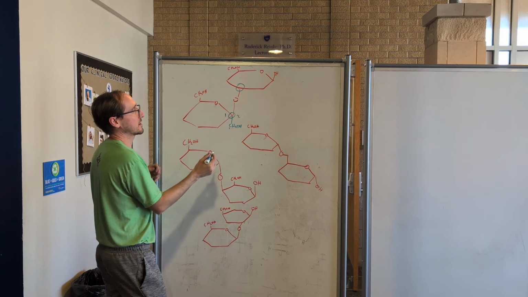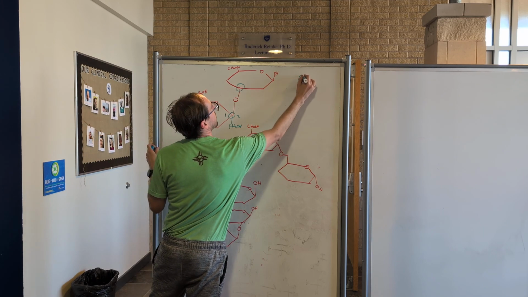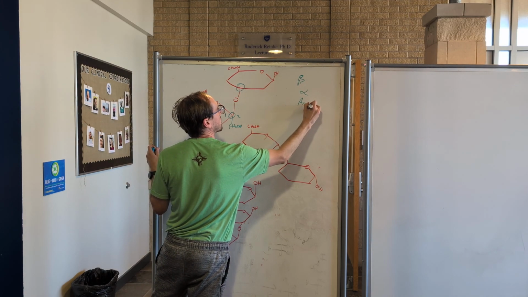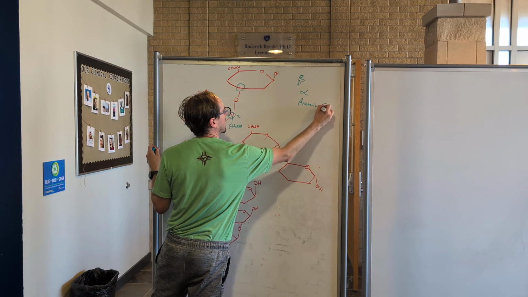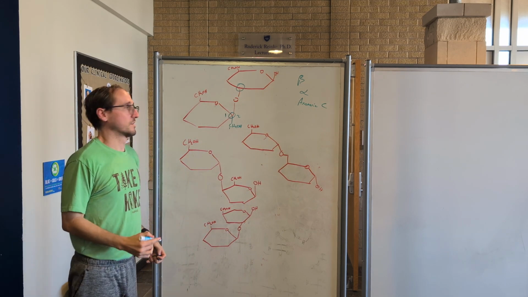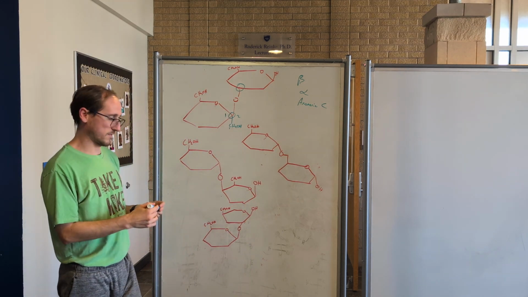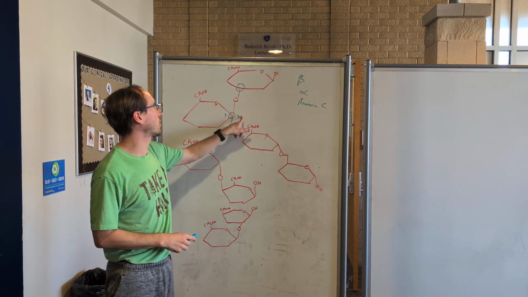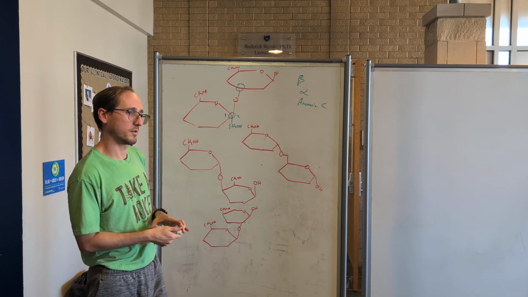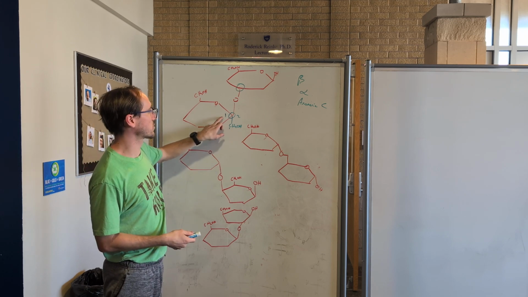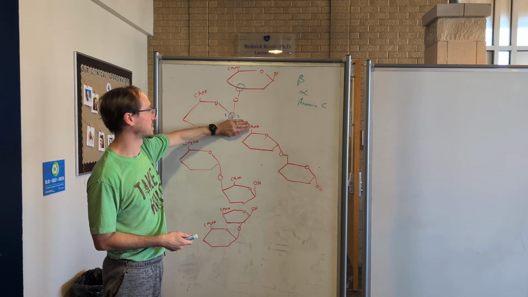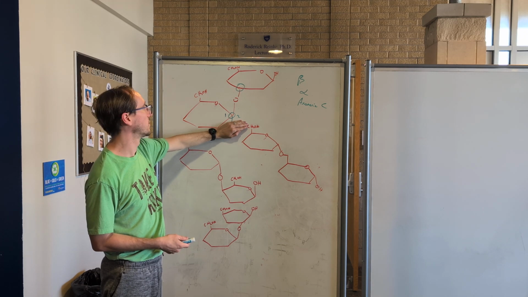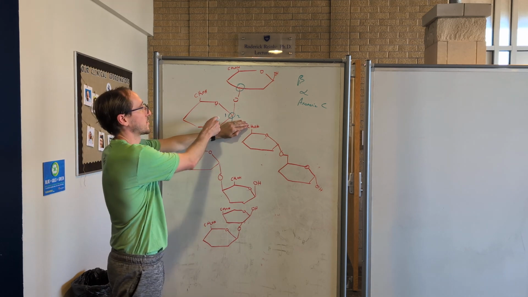Mm-hmm. So if it's beta or alpha, it's all based on the anomeric carbon. If it's a ketose sugar, your anomeric carbon is going to be number 2. If it's an aldose sugar, it doesn't have this little extra carbon here, so it's carbon 1.